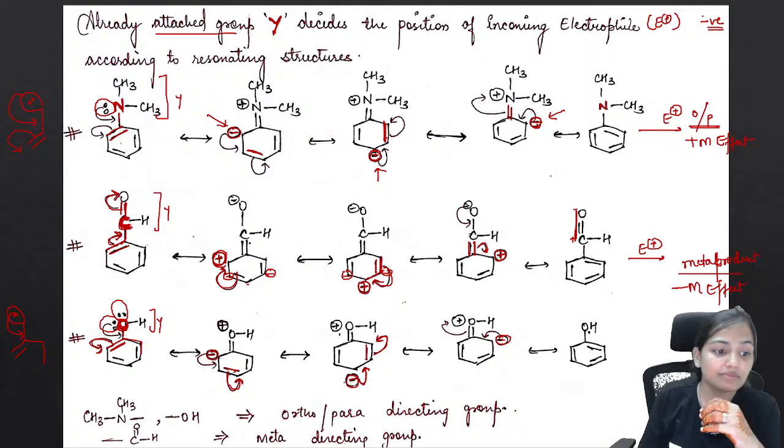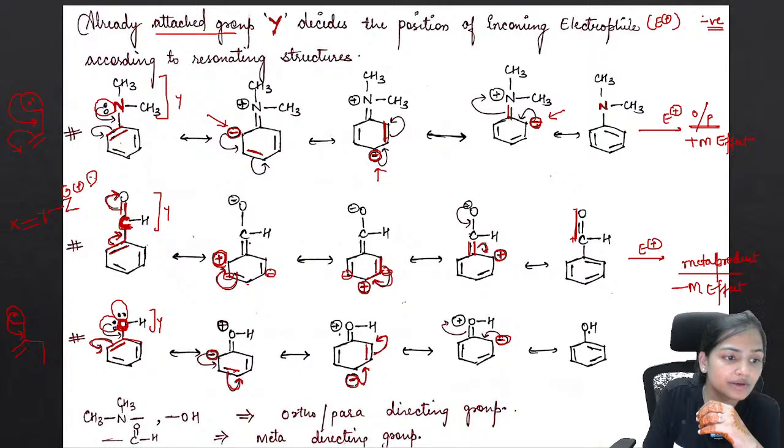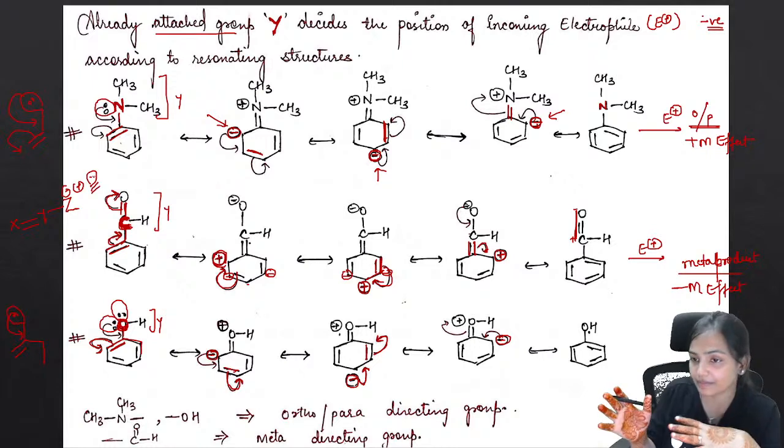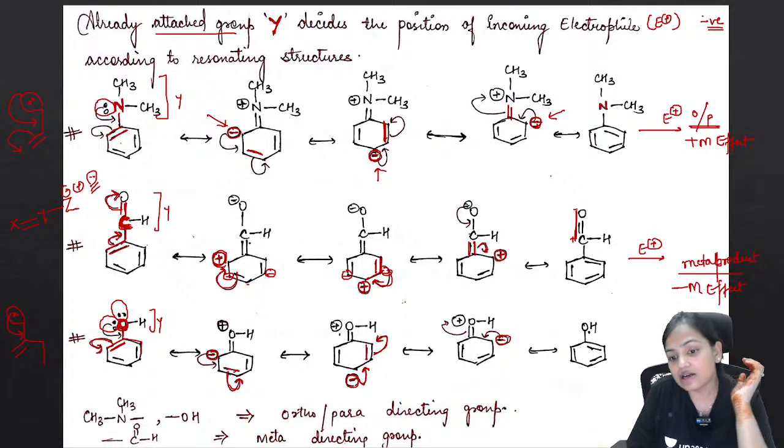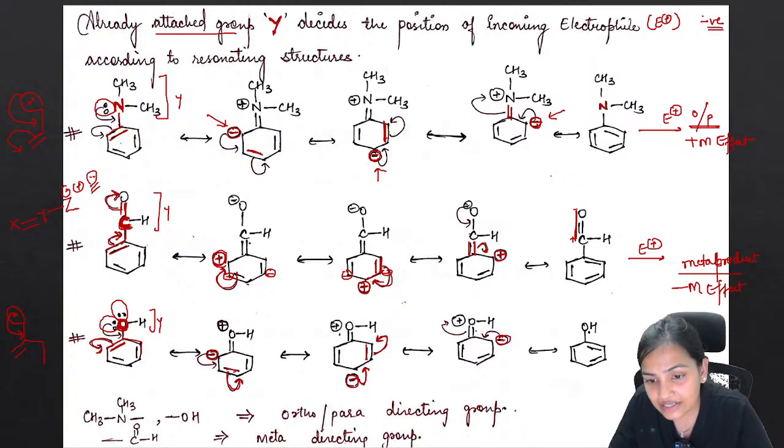And always remember, whenever there is a resonating system, there must be three atoms attached, that is X, Y, Z, and over the Z a negative, positive, lone pair, or pi bond, any such thing could happen. Okay, so this is it. Ultimately this negative and this positive get neutralized, and we get a bond formation.